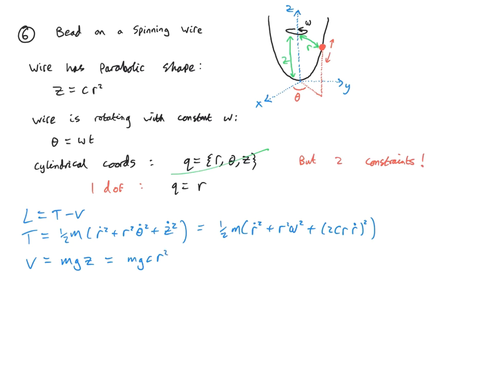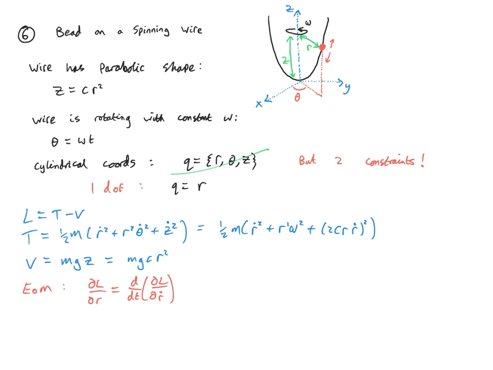The full Lagrangian is just the difference of those two terms, and therefore we can apply the Euler-Lagrange equation of motion in our single generalized coordinate r to find out what's going on. This means dL by dr is equal to d by dt of partial dL by dr dot, that latter thing being p_r dot.